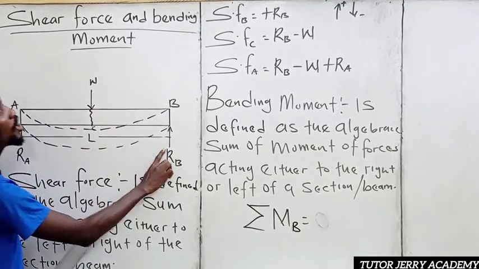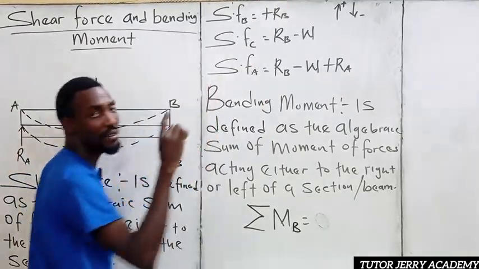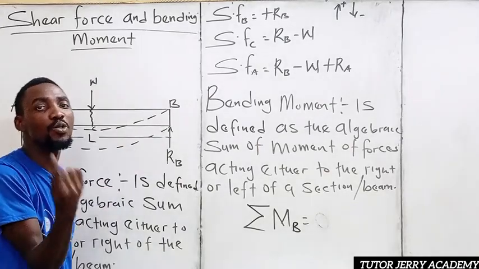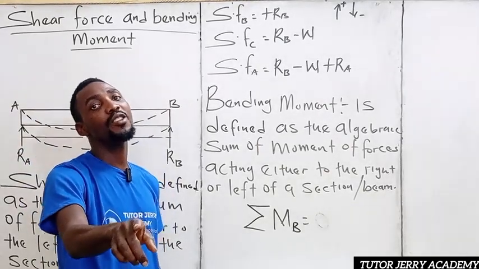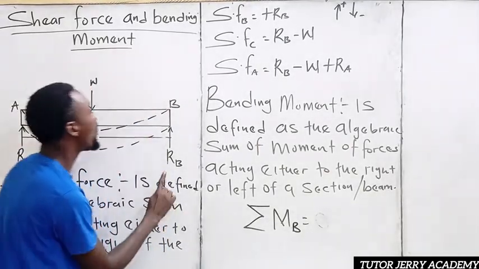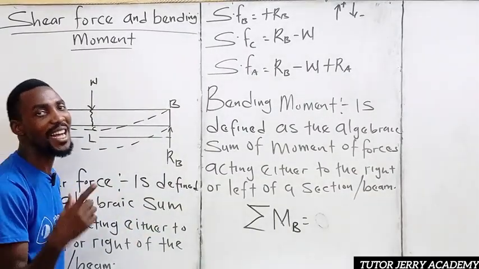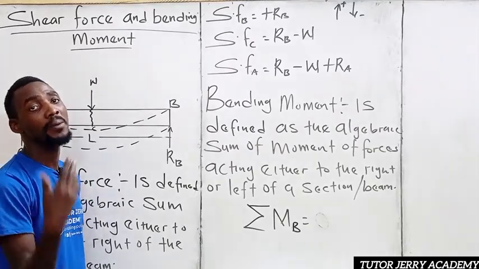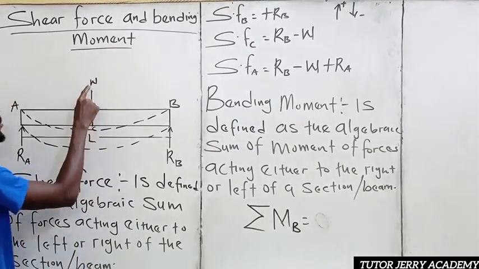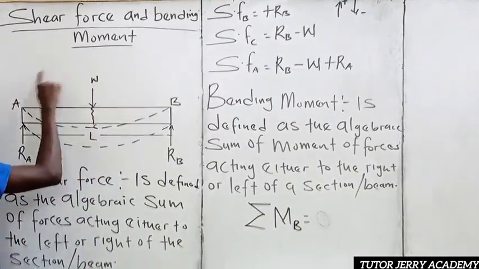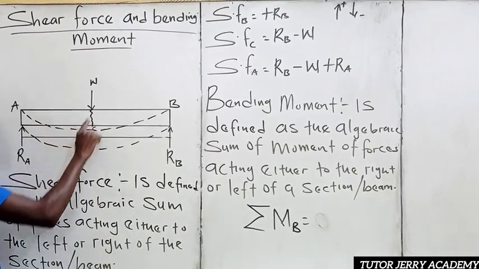So if you take your upward force to be positive, it means your anti-clockwise moment too must be positive. Take note of that, please. And this downward force is going to be causing a clockwise moment.